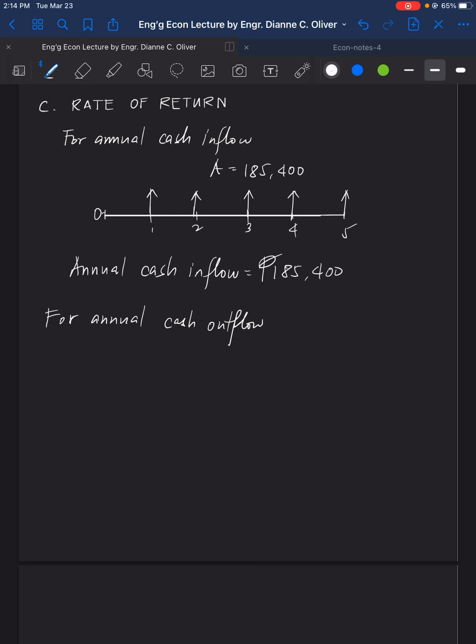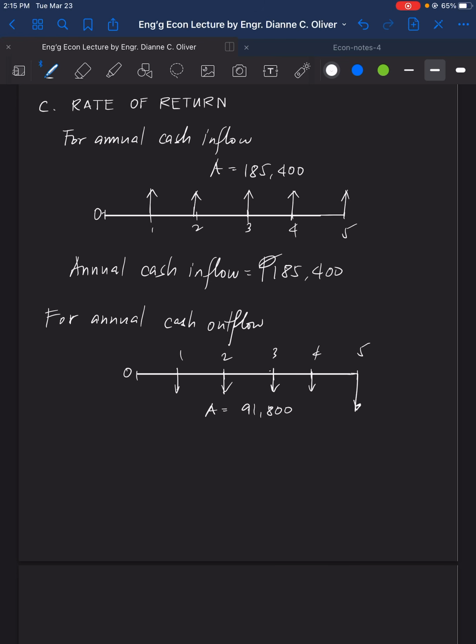okay, there we have it, the drawing. Cash flow diagram: 1, 2, 3, 4, 5. Then we have the yearly cost, which we were able to compute a while ago as A is equal to 91,800. Then no more interest on investment.